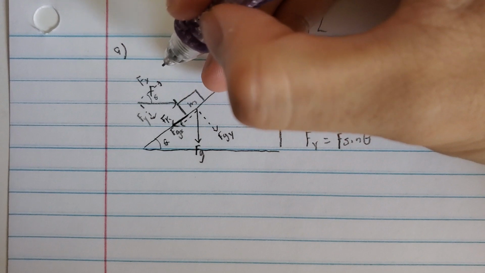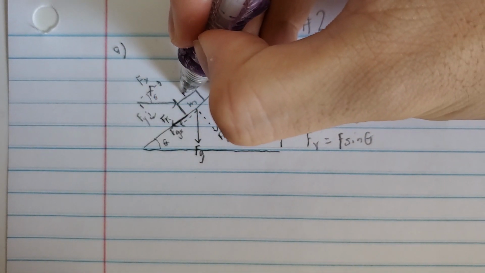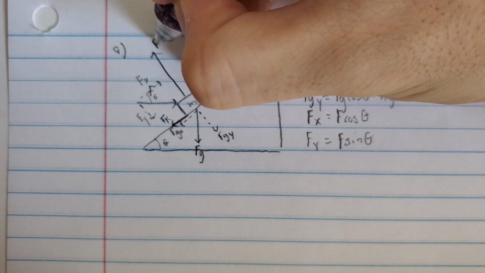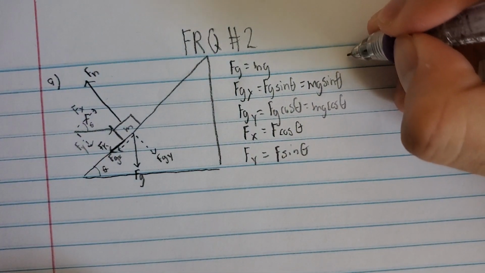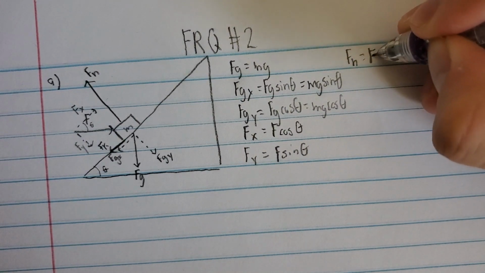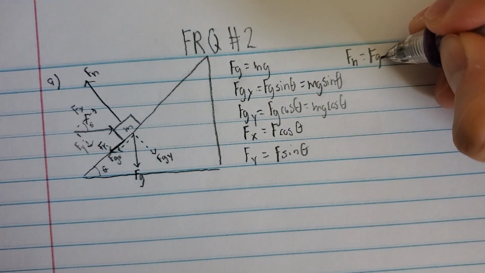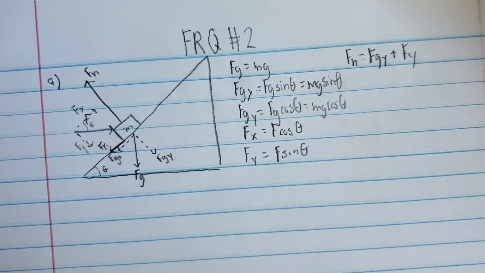Oh wait, I forgot to draw my Fn. Okay, my bad. So here's Fn right here, and Fn is equal to Fgy plus Fy, this force right here.